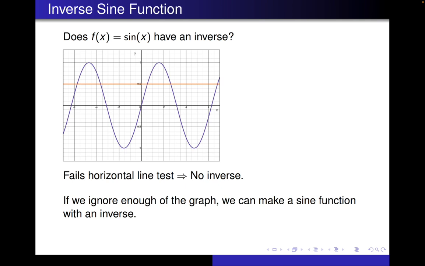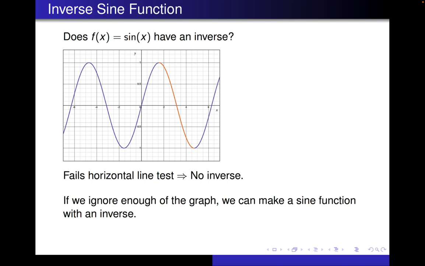Now, it won't be the sine function with the entire domain. It'll only be with part of the domain. So let me give you an example. Here's part of the graph that I turned orange, and it goes from the top of the graph at x equals pi over 2, and y equals 1, to the bottom of the graph at x equals 3 pi over 2, and y equals negative 1.